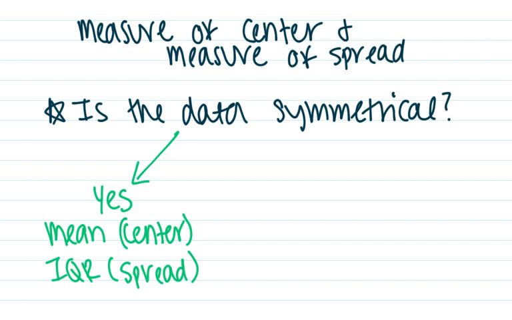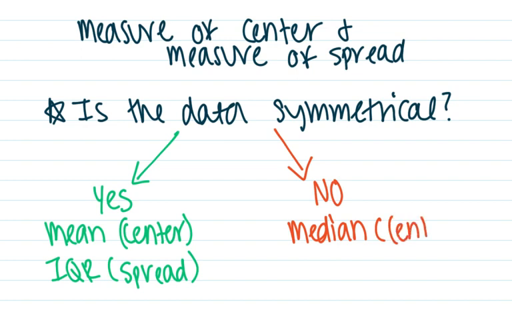However, if the answer to is the data symmetrical is no, it is asymmetrical, you can't use the mean for the center. You're going to have to use the median. The median does not care about outliers. It does not care about how the data is shifted. It puts all of the numbers in order, least to greatest, and it whittles it down, starting from the outside, going in, and finds that middle number where all the data is hanging around.